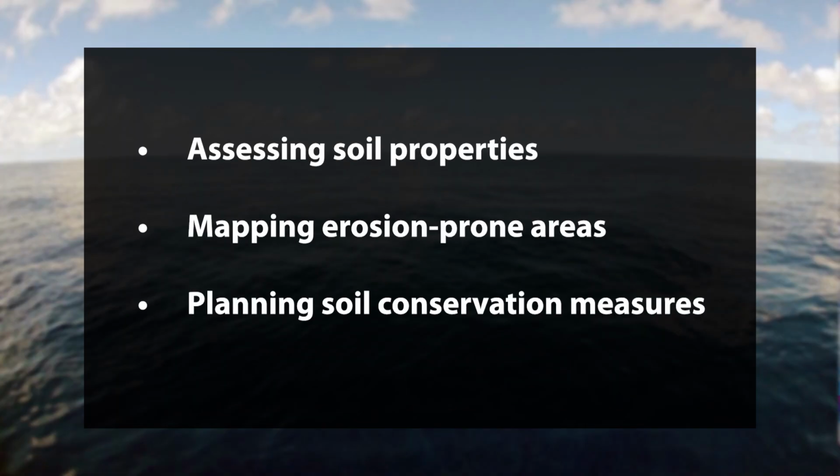It at times leads to loss of fertile topsoil, which reduces agricultural productivity and causes sedimentation of reservoirs and land degradation. Geospatial technology plays a crucial role in assessing soil properties, mapping erosion prone areas and planning soil conservation measures in a scientific and cost effective manner.